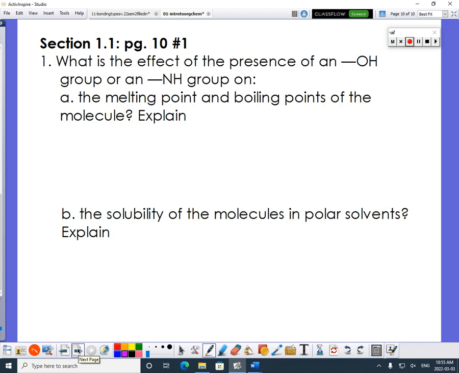So this question is telling us, if it has OH or NH, how is that going to affect melting and boiling points? Again, you're always checking: does it have hydrogen bonding? And yes, that is the strongest force.